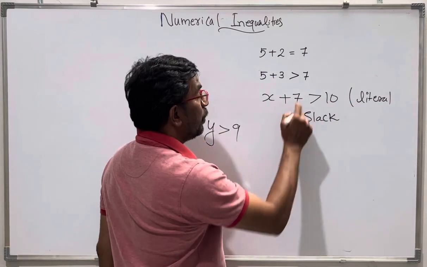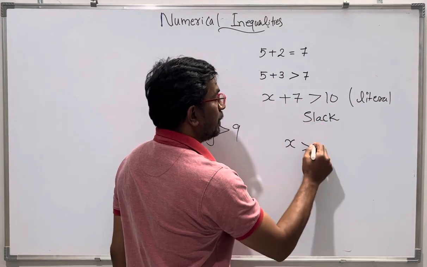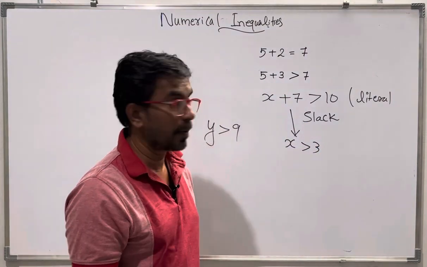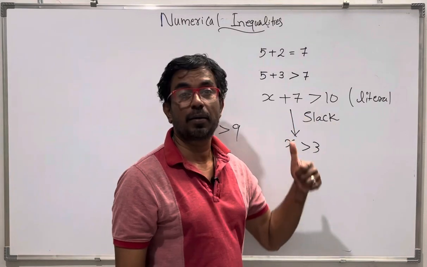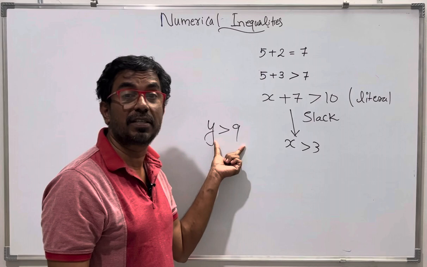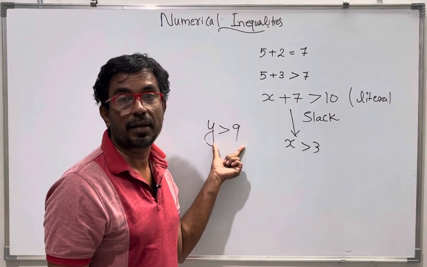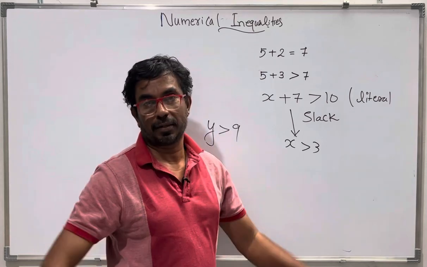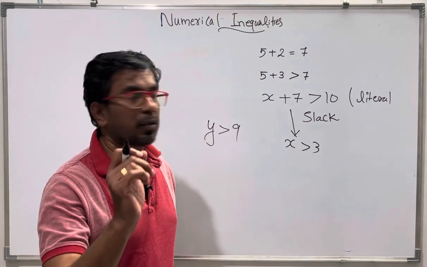So you need to write this as x greater than 3. Then only can we solve it. That's why we call it a slack inequality, when it's not clear. Whereas this one is rigid, a fixed one, and the answer is very clear. So we can call it a strict inequality. Okay, that is one aspect.